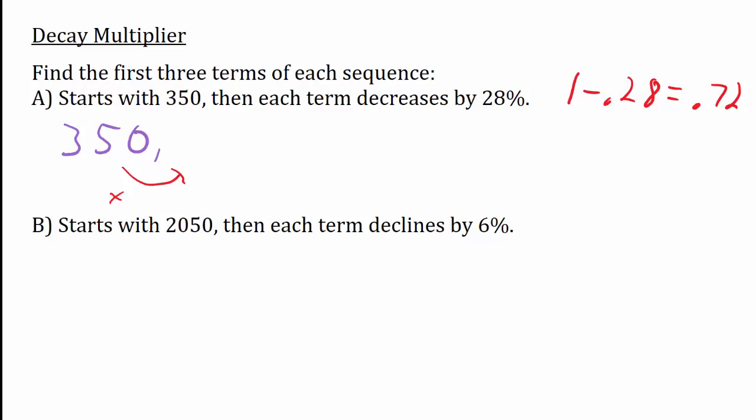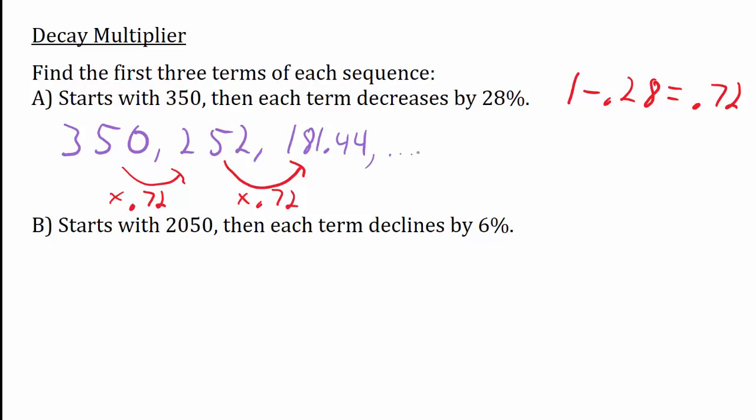So we're going to be repeatedly multiplying by 0.72, because each time we're losing 28%, but we're keeping 72%. And we want to know what's left, not how much we lost. And those are the first three terms of that sequence.